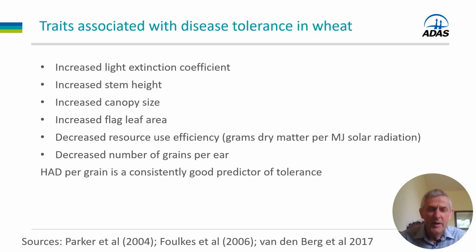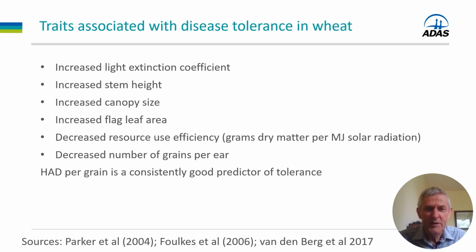And over a set of studies and including some modelling, what came out was this list of traits which we found to be associated with disease tolerance. Now, we don't need to go through each of these in detail, but in broad terms, most of these traits were showing increased source capacity or decreased sink capacity.